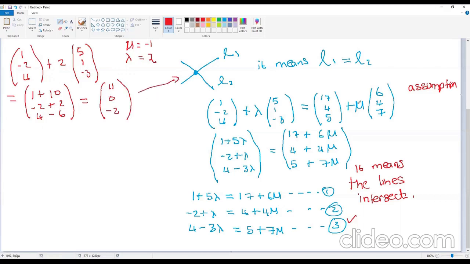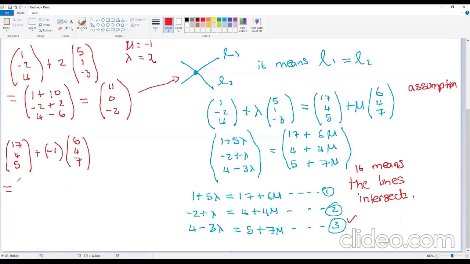You could have used this one as well. We give the same answer. Let me show you. (17, 4, 5). If they do intersect, you get the same answer. This time we're using mu, which is -1, times (6, 4, 7).